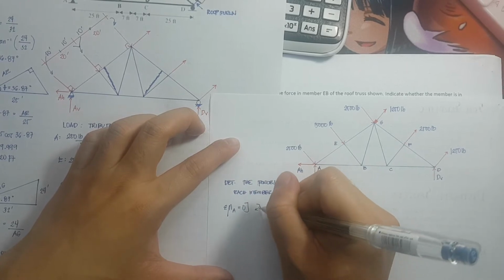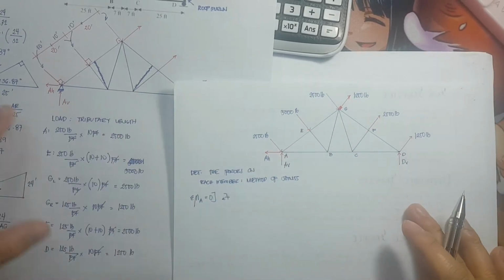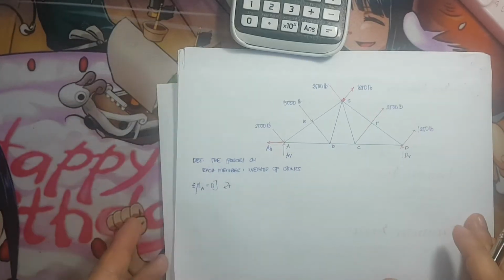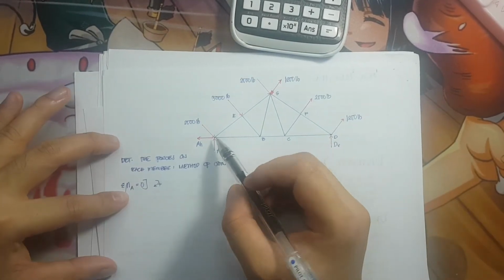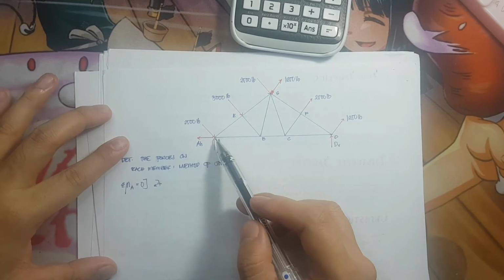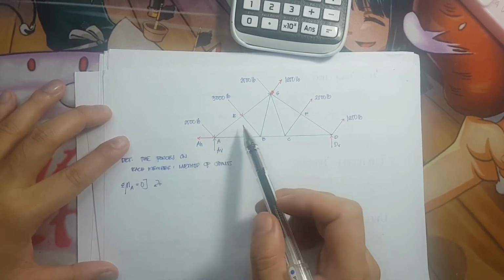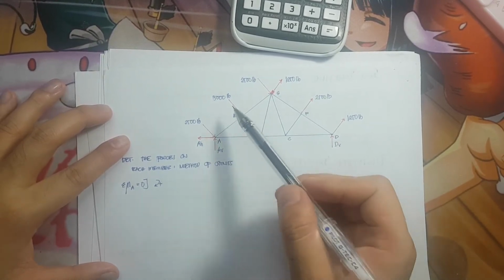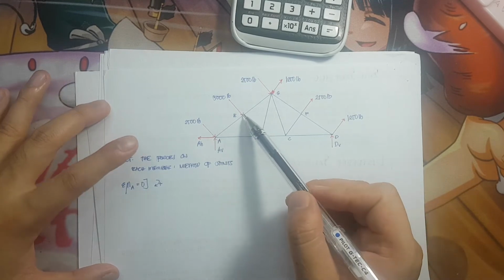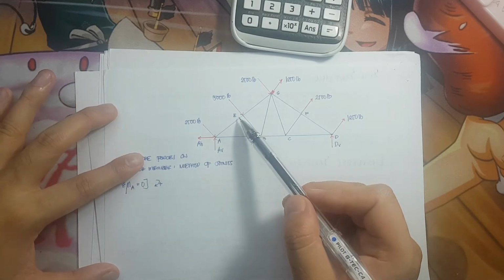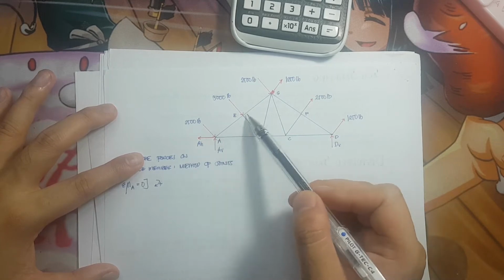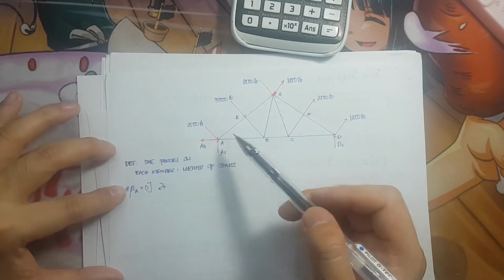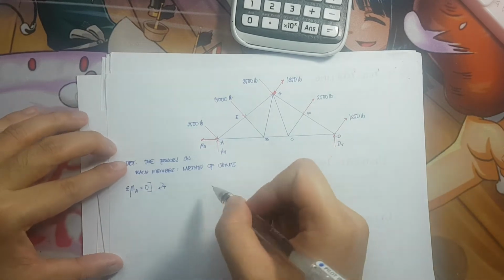All forces that are rotating clockwise should be positive. So what are those forces? The 2,500 at A will cancel out because it is concurrent with A. Next, we have 5,000 pounds, which is 20 feet from A and rotating in a clockwise manner.